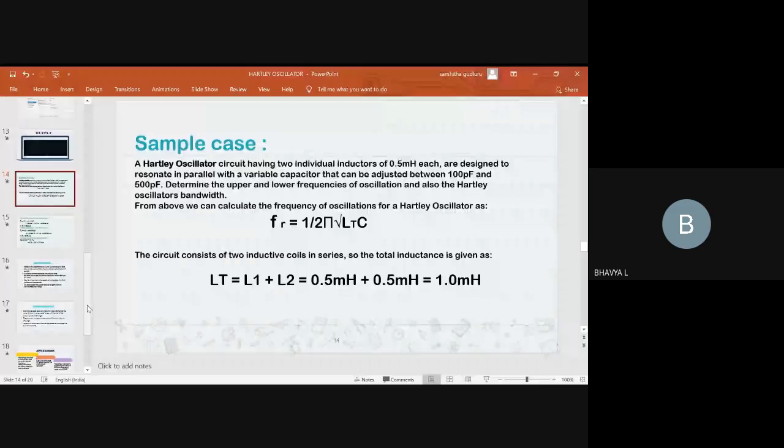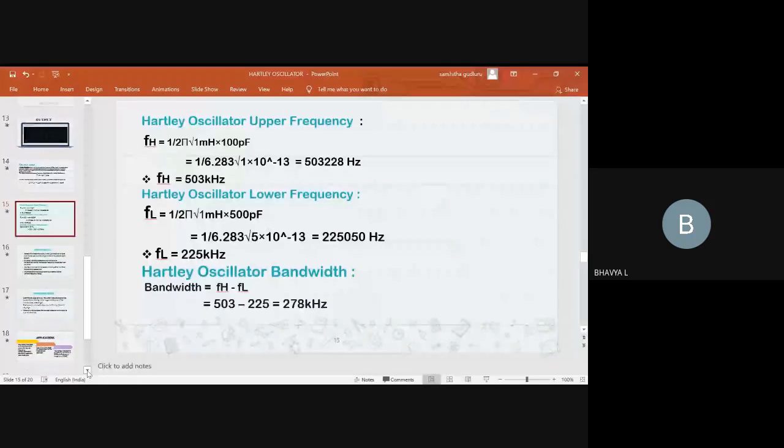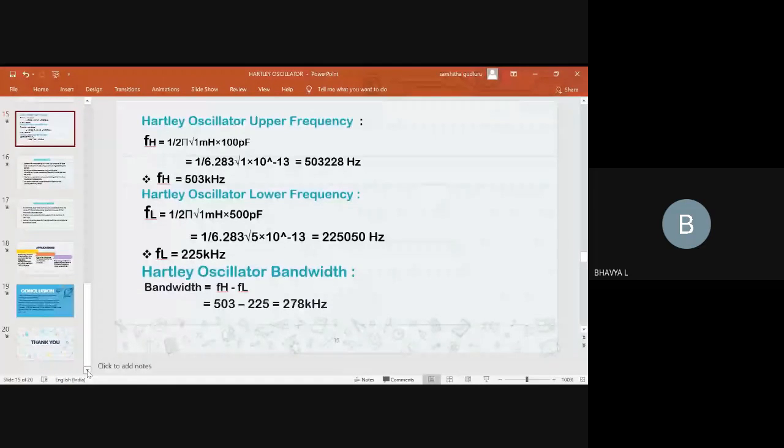Since the circuit contains a set of two inductive coils in series, the total inductance is given as LT equal to L1 plus L2, which gives 1 millihenry. The Hartley oscillator upper frequency and lower frequency are calculated by the below formula. The Hartley oscillator bandwidth is calculated as the difference between upper frequency and lower frequency, which gives 278 kilohertz.